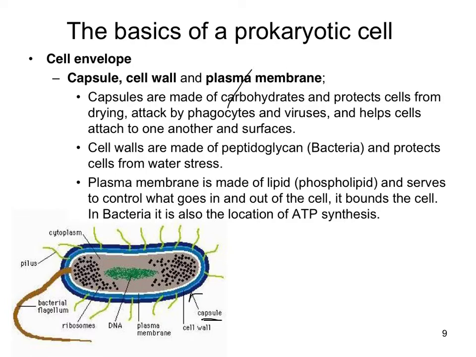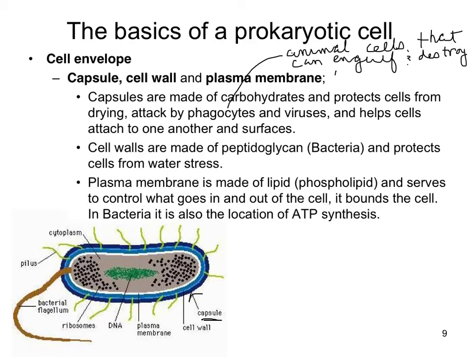So phagocytes would be animal cells that can engulf and destroy an invading microbe. Okay, so if you've got a capsule, you might be able to protect yourself from that fate, and also from viruses.